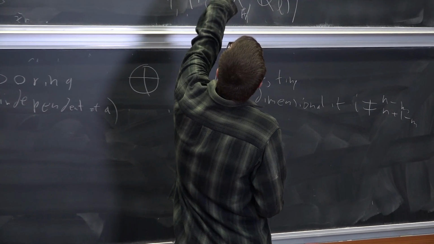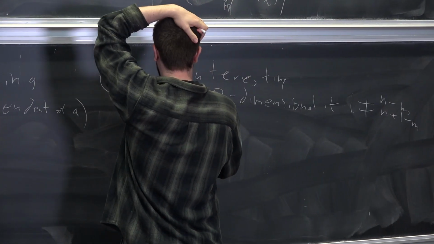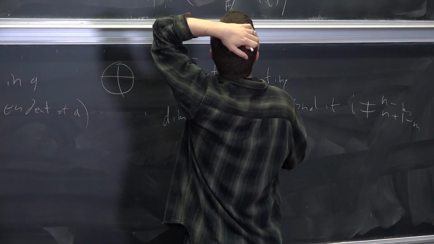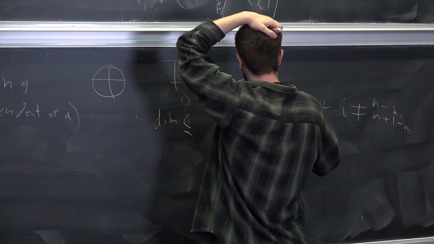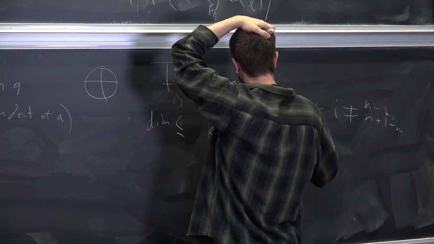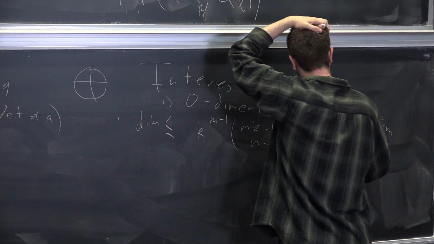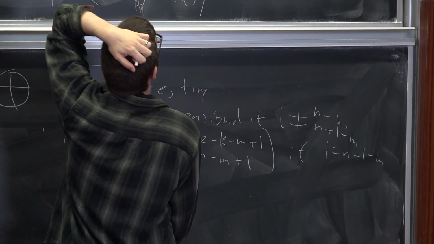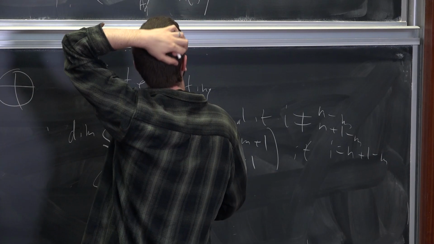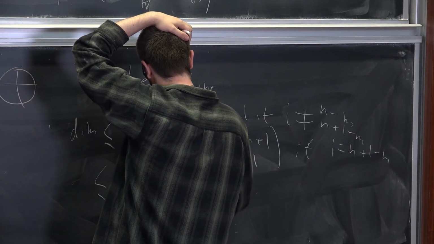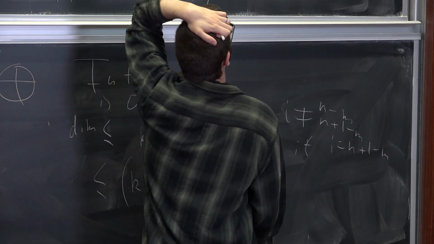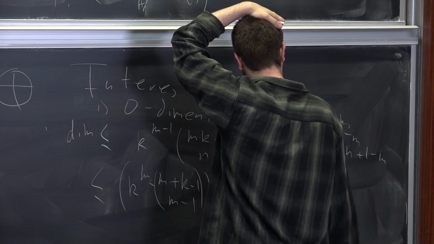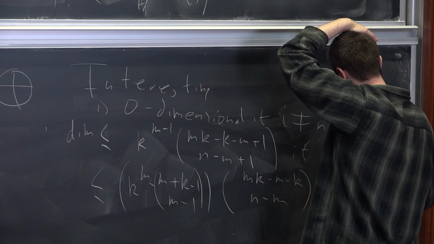And its dimension is given by this formula, or its dimension is less than or equal to k to the m minus 1, mk minus k minus m plus 1, choose m minus m plus 1 if i is equal to n plus 1 minus m, and it's less than or equal to k to the m minus m plus k minus 1, choose m minus 1, times mk minus m minus k, choose m minus m if i is equal to n minus m.